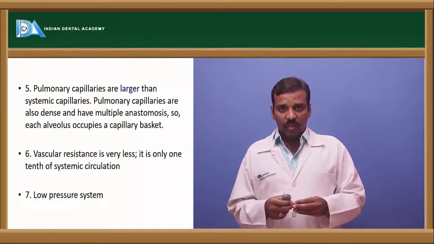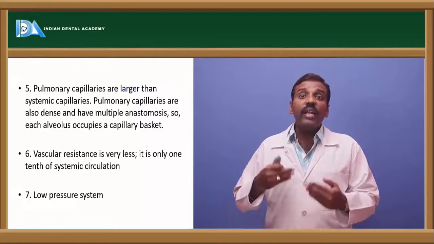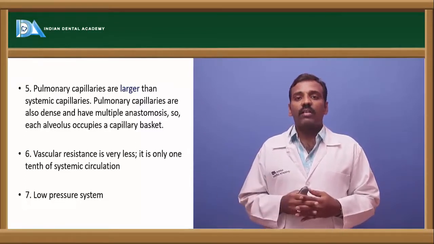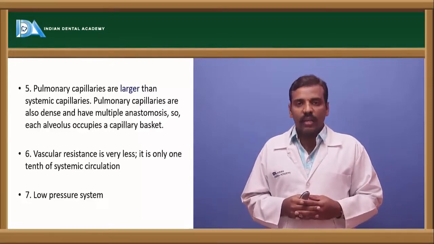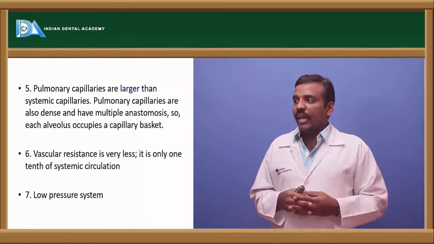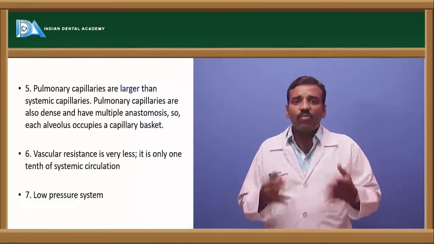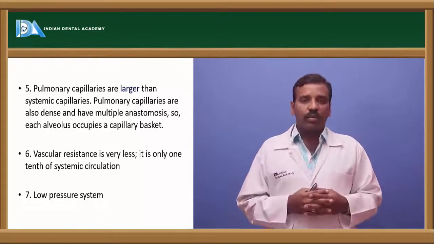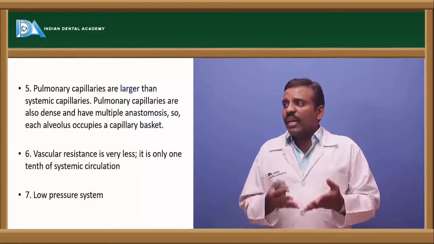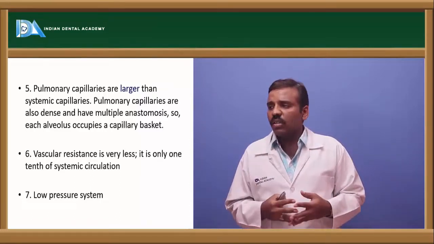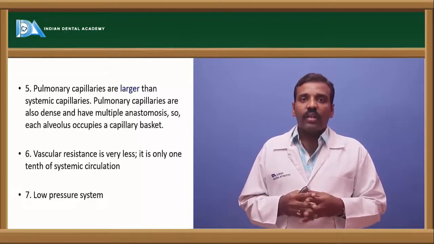Generally, the systemic capillaries are considered large, but compared with the pulmonary circulation they are much smaller. Next, the pulmonary capillaries are also dense and have multiple anastomoses. And each alveolus is occupied by a capillary basket.